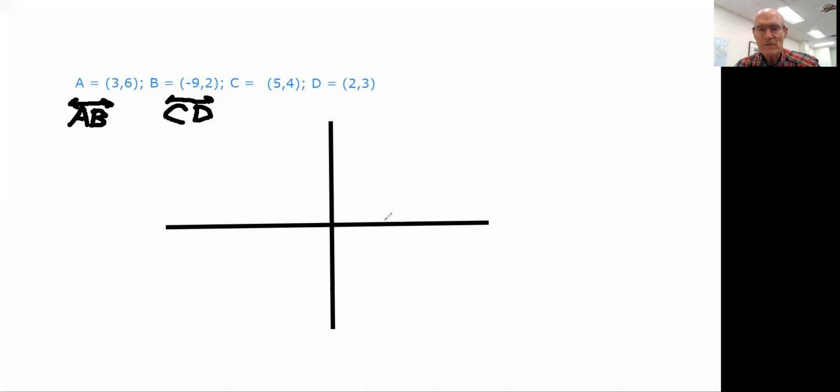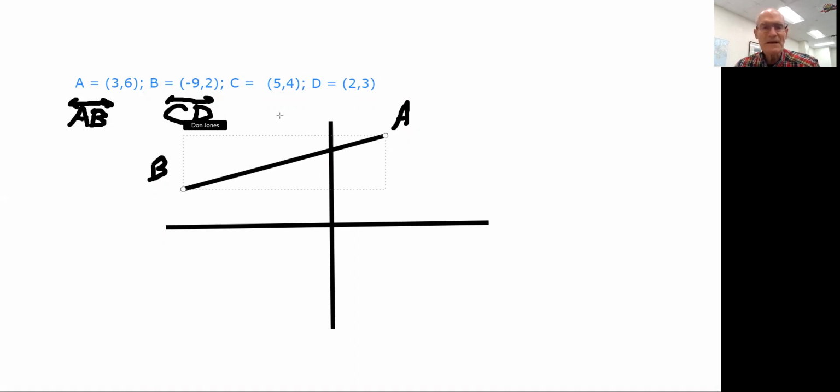So we can plot the point here, which is (3, 6), which is point A. And then point B is (-9, 2), which is way over here somewhere. Here's point B. So now we can draw the line from here up to here.